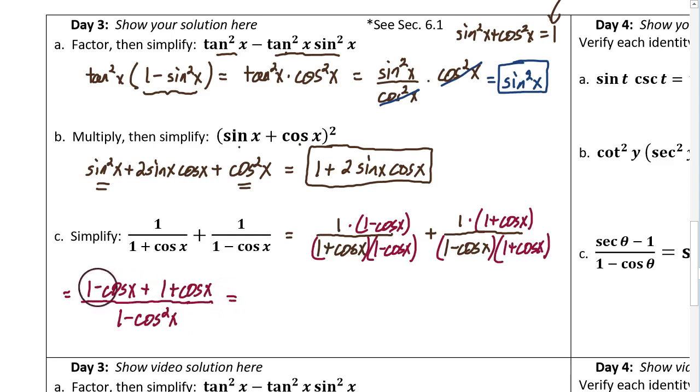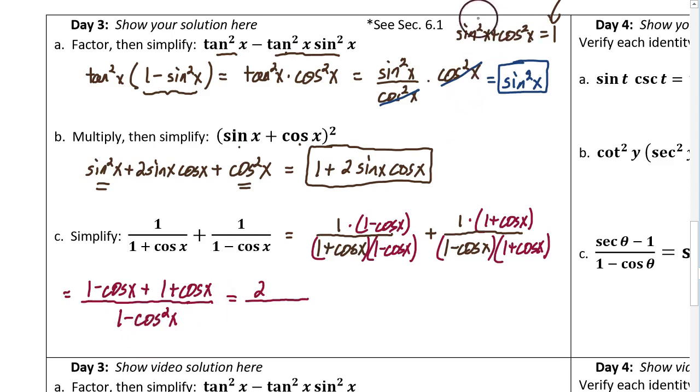Okay, next up. In the top, 1 plus 1 makes 2. And minus cosine x plus cosine x cancels away. Now down in the bottom, we have our 1 minus cosine squared x. But let's put some thought into that expression. We have an identity that within the identity there's a 1 and there's a cosine squared x.